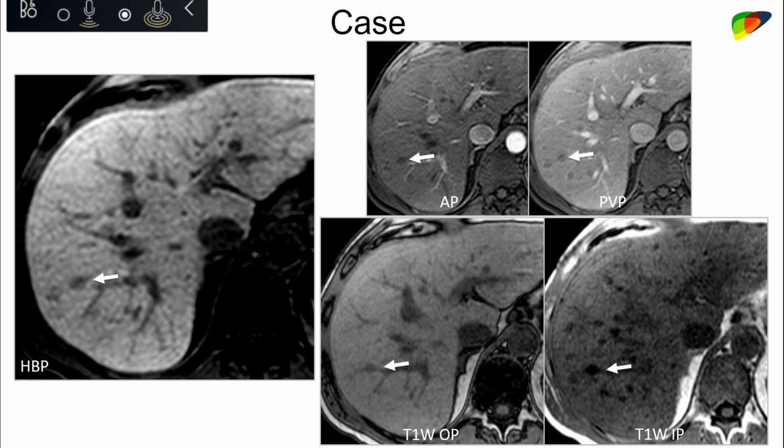Yes, can you hear me? I can. Thank you, very beautiful presentation. I appreciate a lot the discussion about the hepatobiliary phase. So my question is about the hepatobiliary phase hyperintensity. How should we use that?